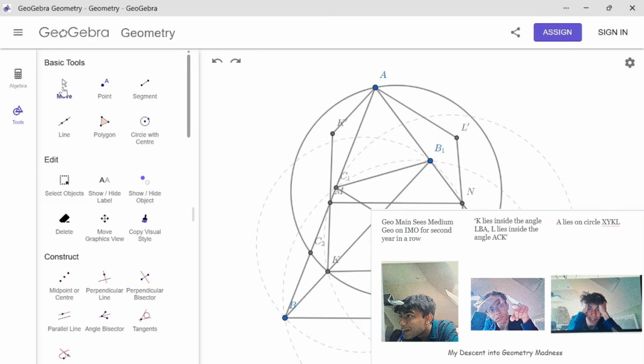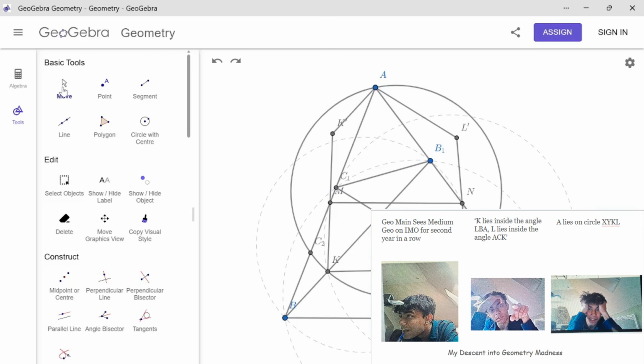Like if it's parallel to BC, then yeah, no chance AM and KL is cyclic.